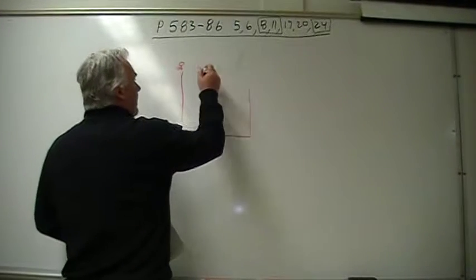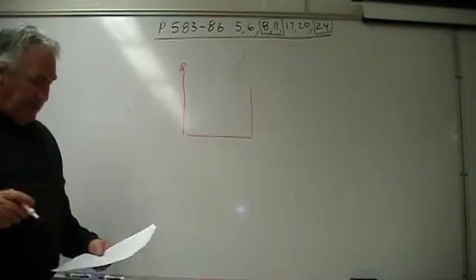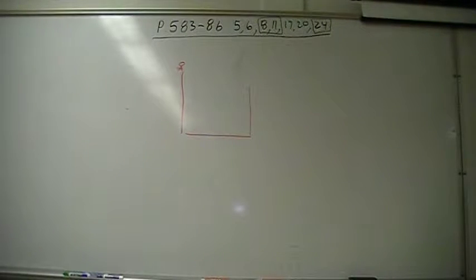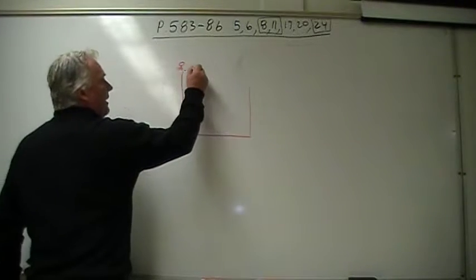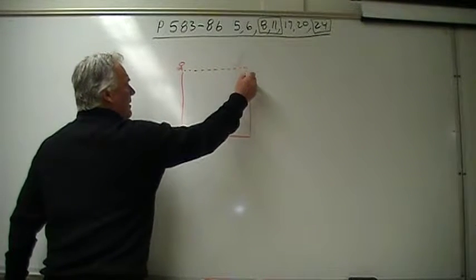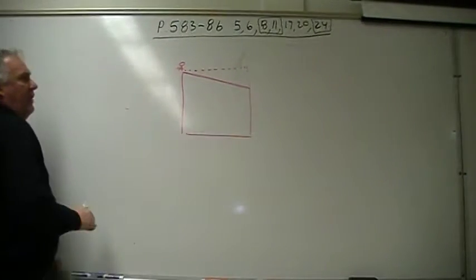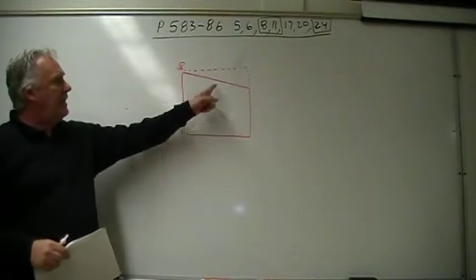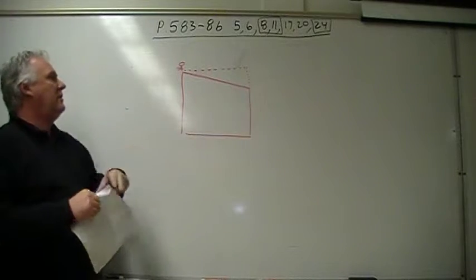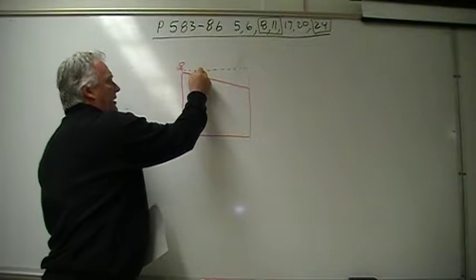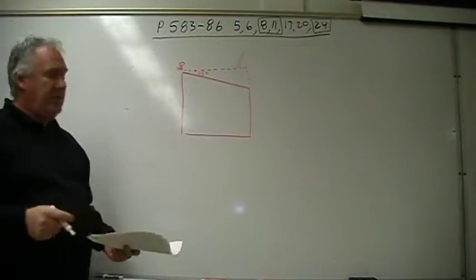However, they talk about having an angle of depression which is 15 degrees. And so that is going to be here. From the top of the taller water slide to the top of the shorter water slide, we have an angle of depression of 15 degrees.